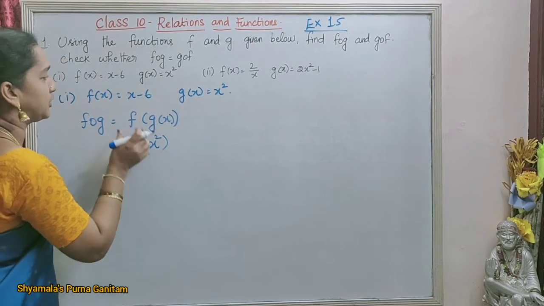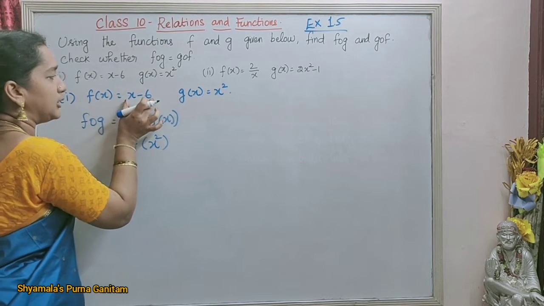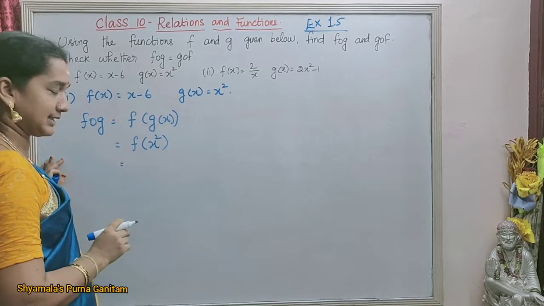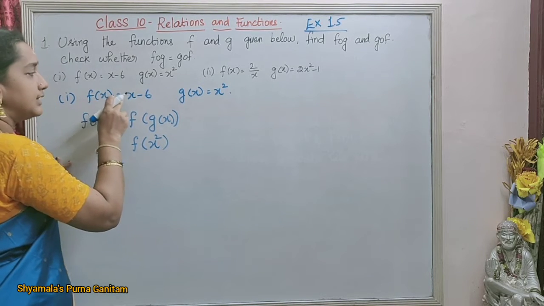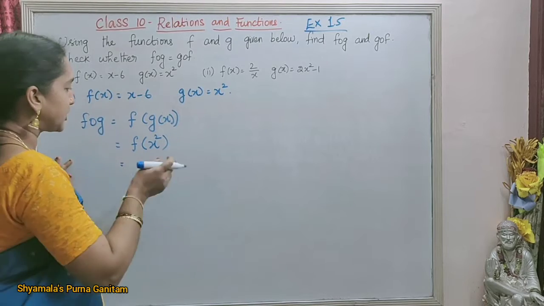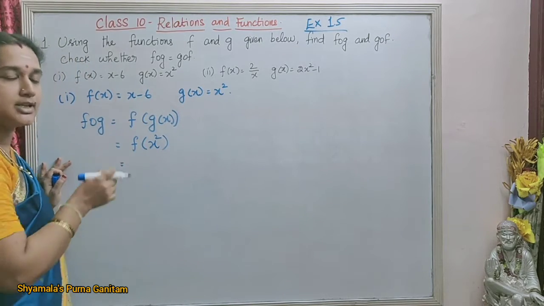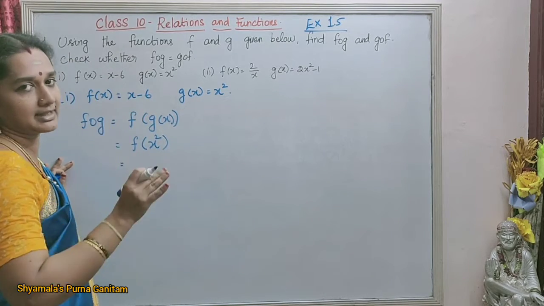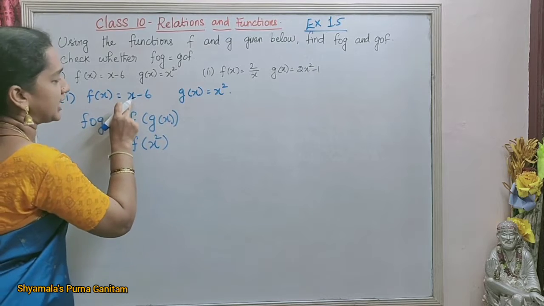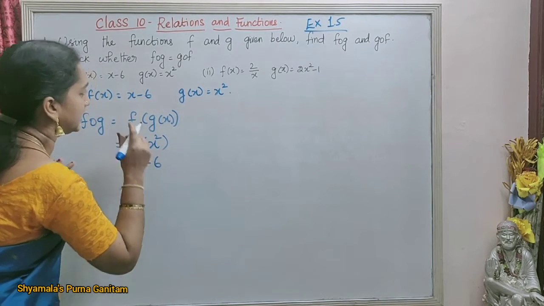Now listen carefully: f of x is given as x minus 6. Here, instead of x we have x squared. So wherever we have x, we have to substitute x squared. That's all. So there we will be substituting x squared minus 6.